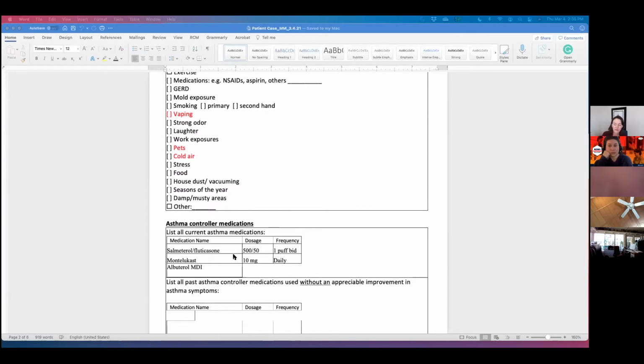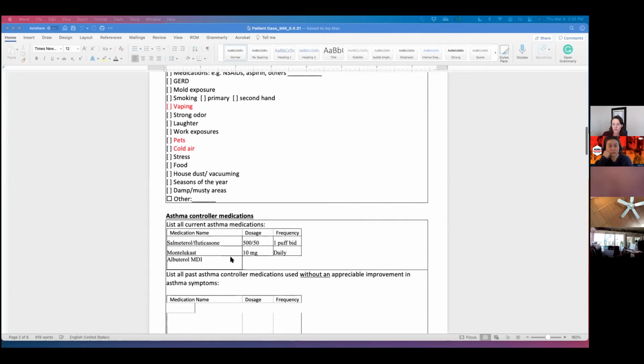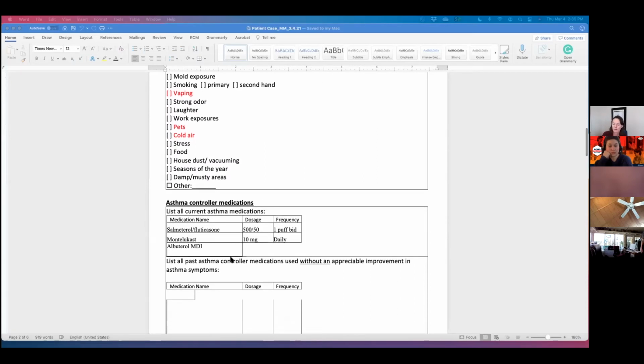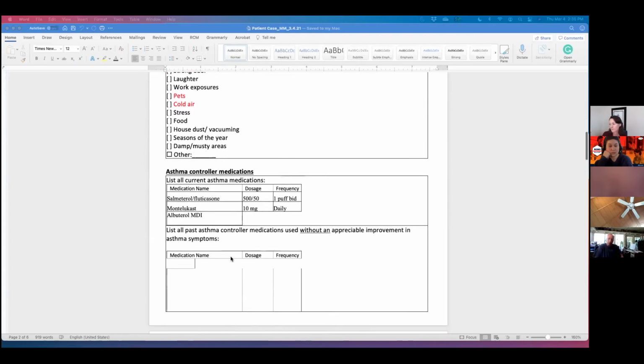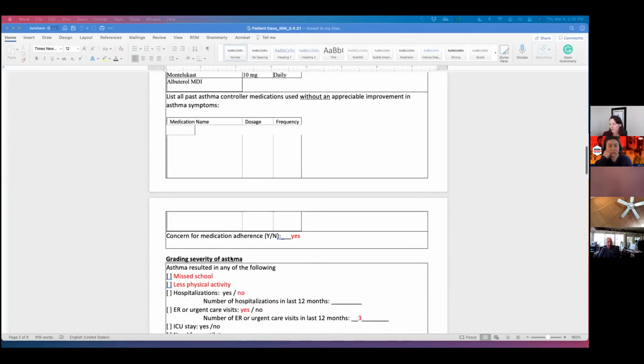But she was not taking that regularly. She was also on montelukast and took that a little bit more regularly, and was using her albuterol quite frequently. I did have concern for medication adherence, and she was very forthright that she didn't use it very frequently or used it kind of haphazardly.